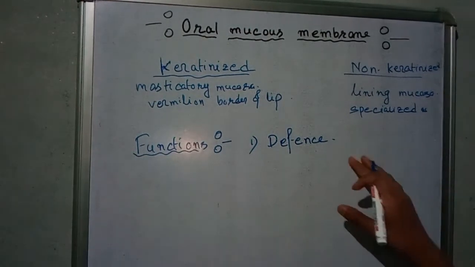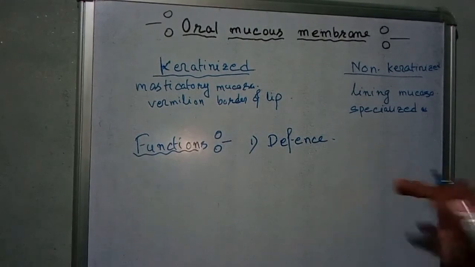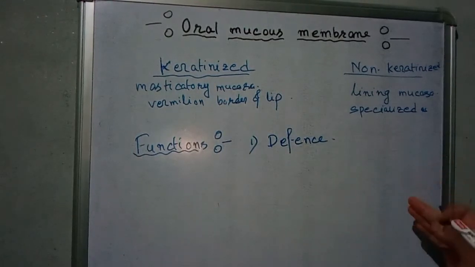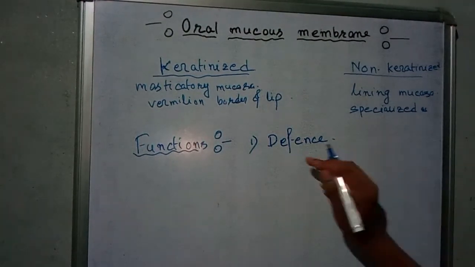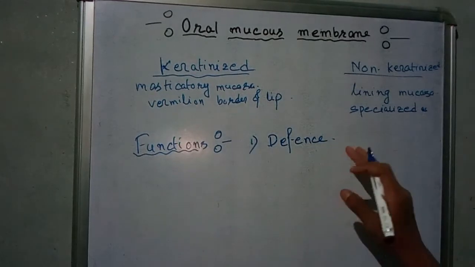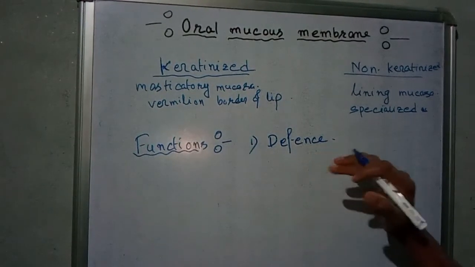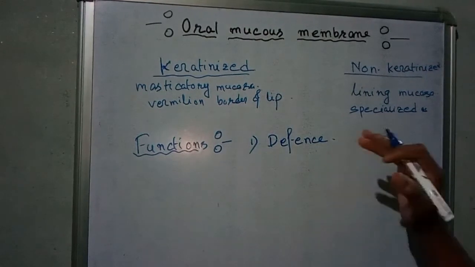It also secretes antibodies and has efficient humoral and cell-mediated immunity. So number one function is defense, because it prevents the entry of microorganisms and also secretes antibodies.